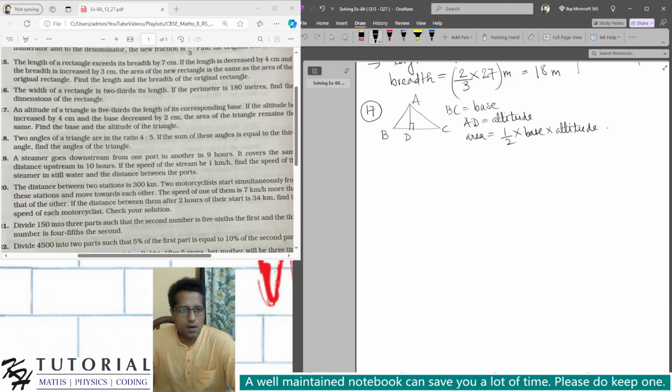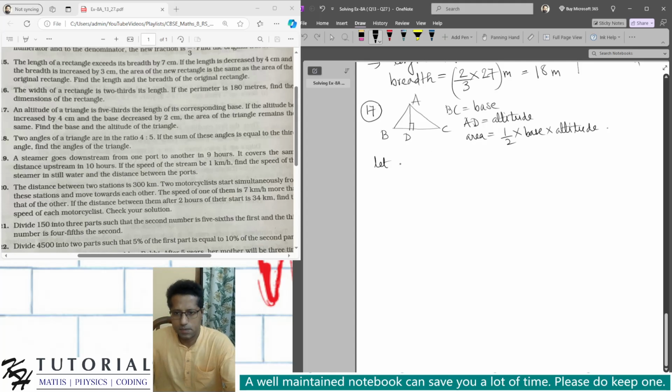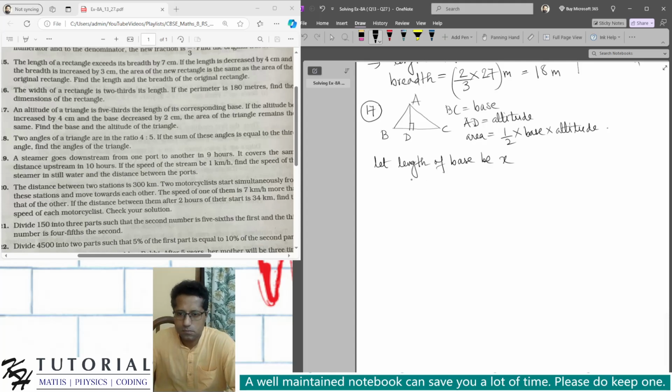Now what is given? The altitude of a triangle is 5/3 the length of its corresponding base. So let the length of the base be x.